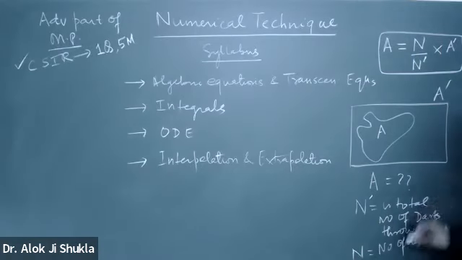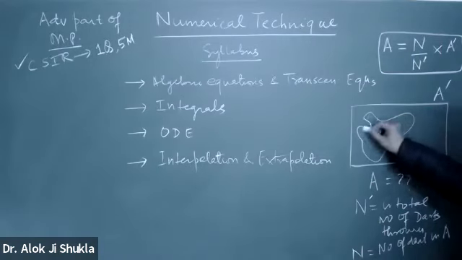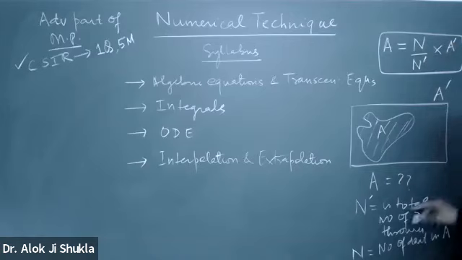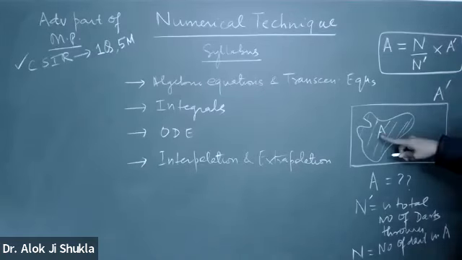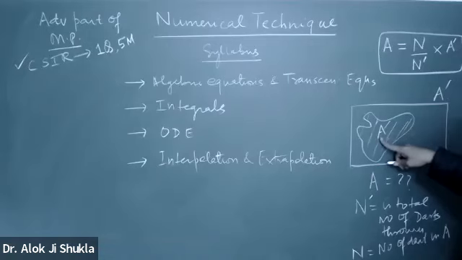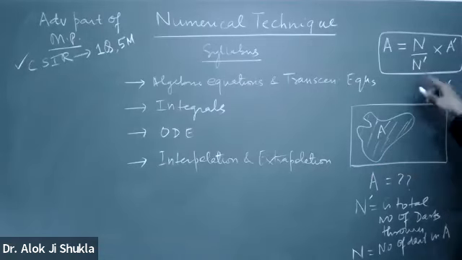So if n is the total number of darts that fall in A, and n dash is the total number of darts falling in the rectangle, that means total number of darts thrown, then n by n dash will be the probability of the dart falling in capital A, and multiplied by this A dash will give this area. ये समझ आ रहा है सबको?